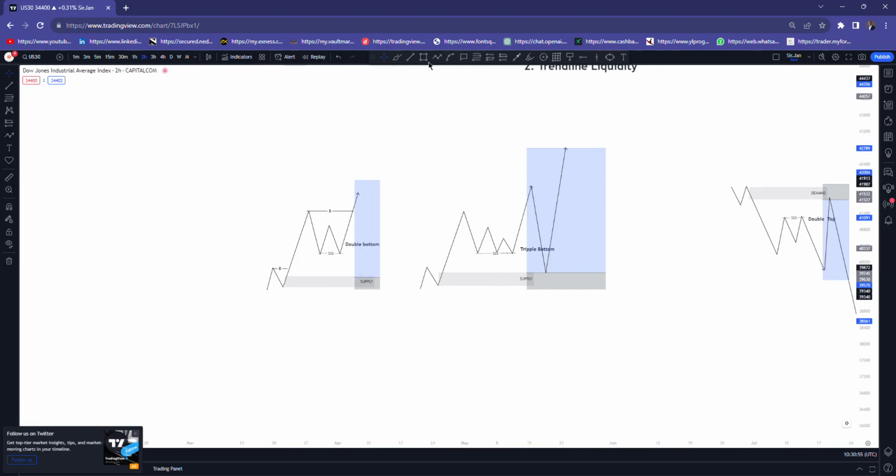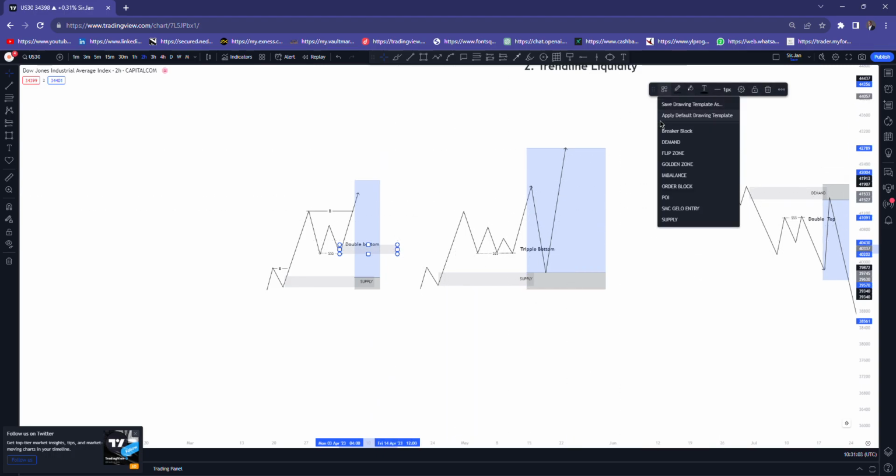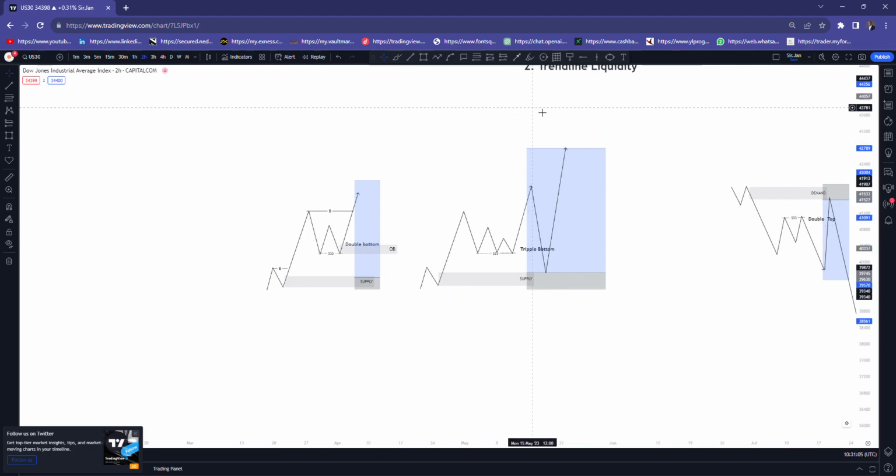In this case, one will look into this area and say, no, this is my order block. Now this is what the price might do to you. The price might come back, touch the zone, then sweep liquidity, then continue to the upside.